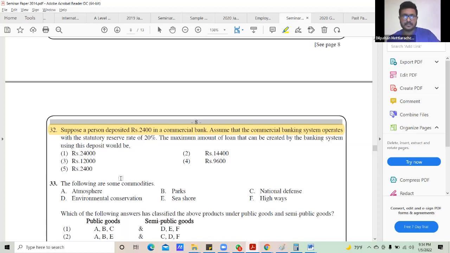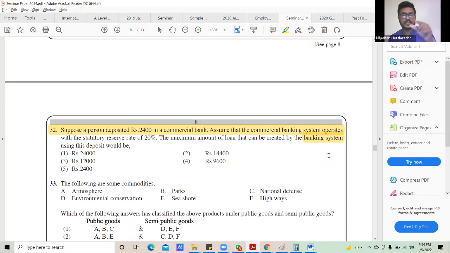The question is: assume that the commercial banking system operates with SRR 20%. What is the maximum amount of new loans the banking system can create? Here, a very important thing is that the question asks about the banking system, not a single bank. If it were a single bank, you could simply calculate the excess reserve and put it as the answer.